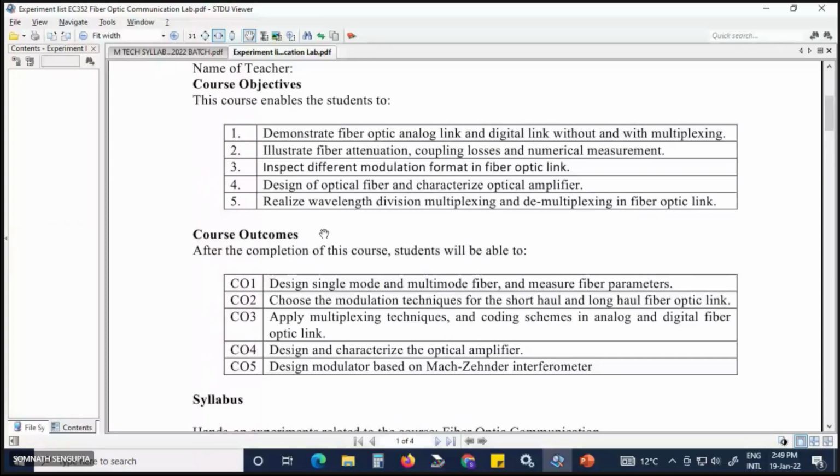So you see these are the course objectives and outcomes. What are the objectives?